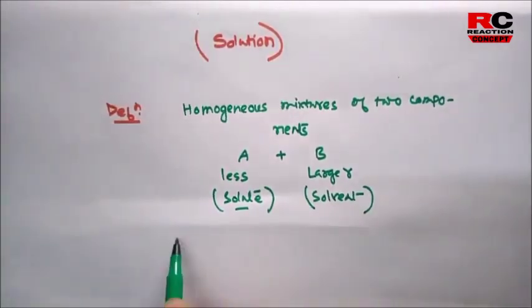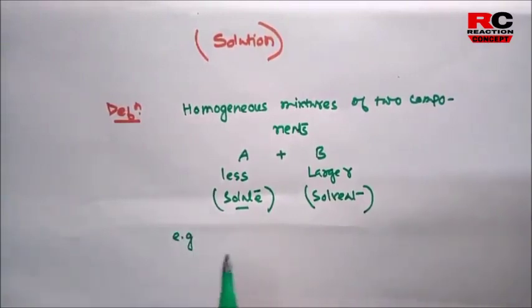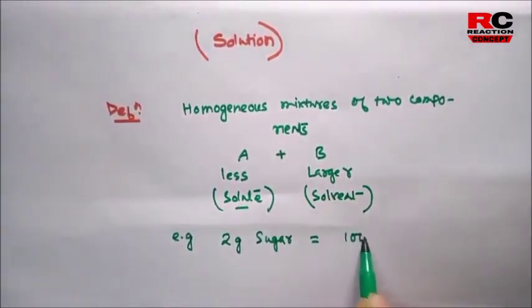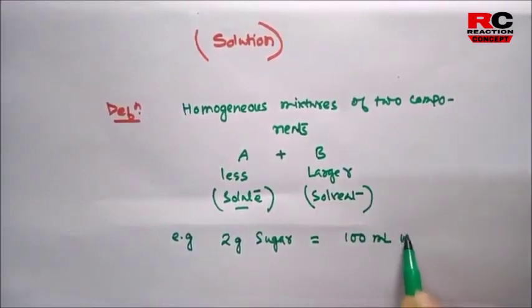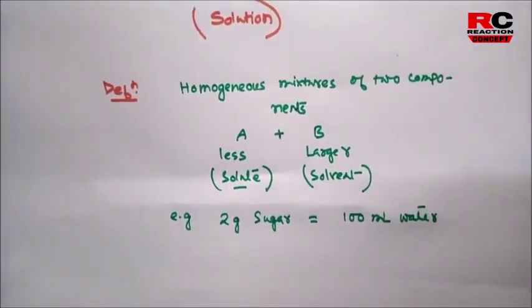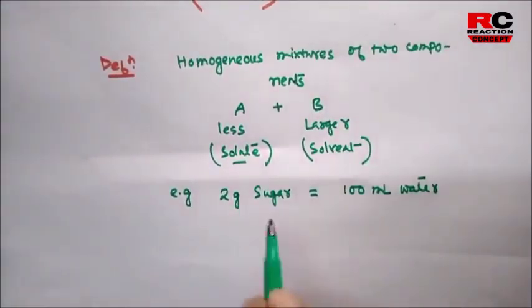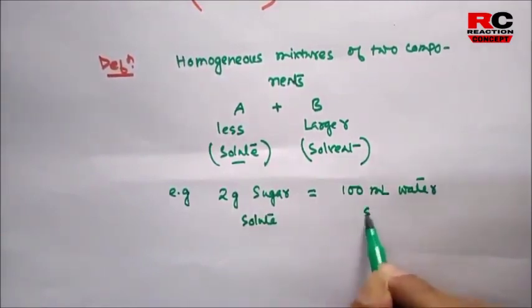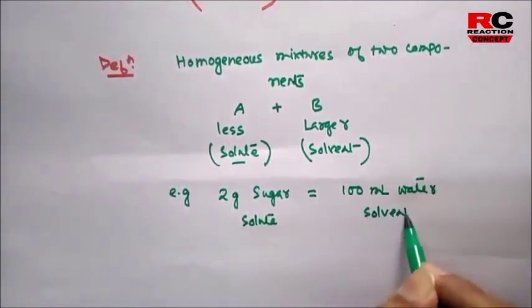For example, if you dissolve 2 grams of sugar in 100 ml of water, this will make a sugar solution, an aqueous solution of sugar, where sugar is the solute and water is the solvent of the solution.